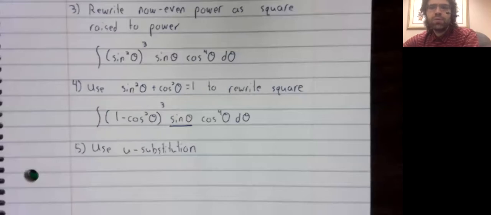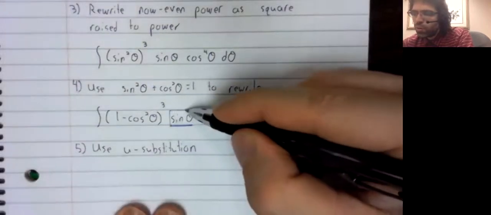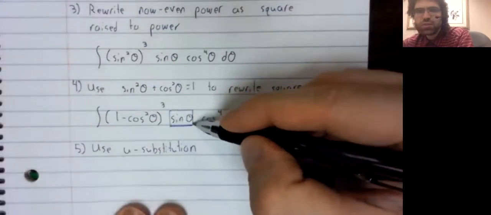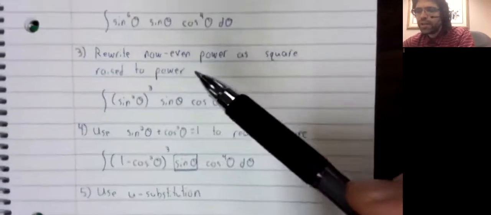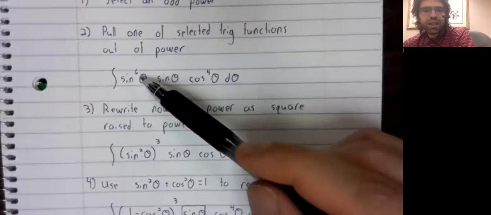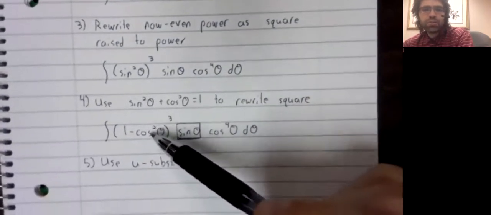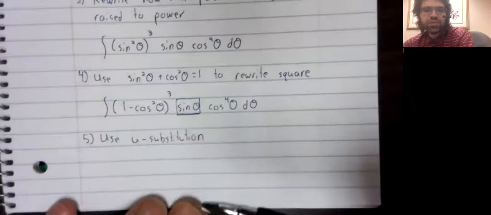And now we proceed using u substitution. The point of pulling this out was twofold. First of all, pulling the sine out made this even, and ultimately let us convert it to cosines.